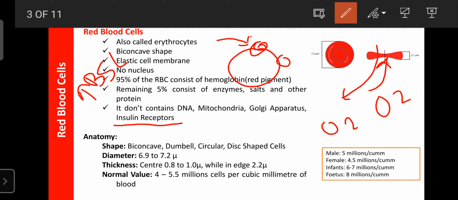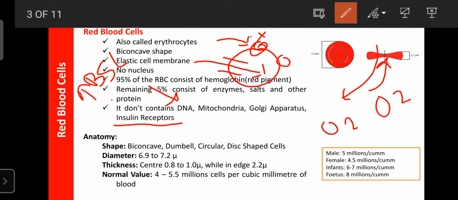Here insulin binds, and then it opens the GLUT4 receptors. Due to the opening of GLUT receptors, glucose can enter from the extracellular fluid into the intracellular fluid. Due to that, the increased glucose level decreases.